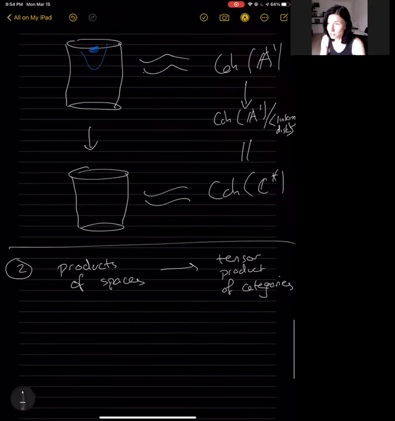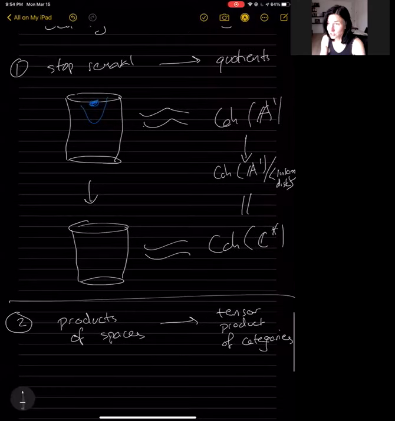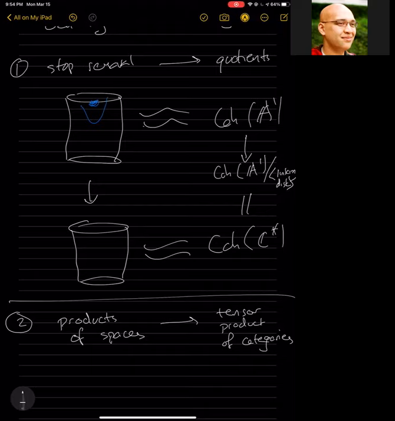Can you say a little more precisely what you mean by the quotient? Well, when you have a category and a subcategory, you can take the quotient. I guess it's the universal thing.